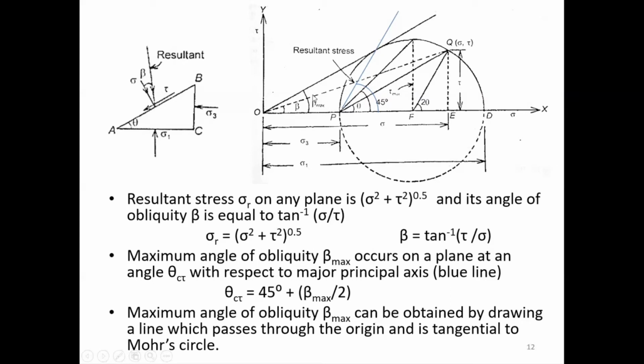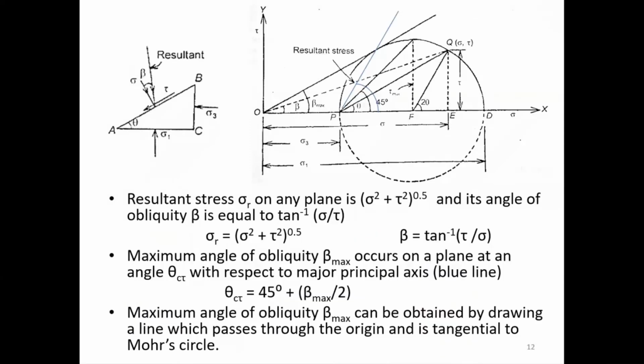So the maximum angle of obliquity can be obtained by drawing the line which passes through the origin and is tangential to the Mohr circle. Subtend it back, and you will have your theta c tau shown by this blue line and this blue angle.